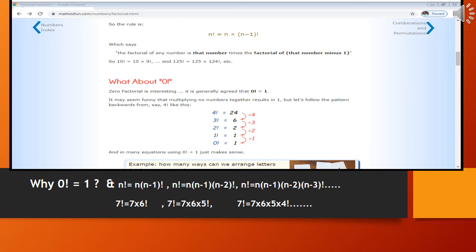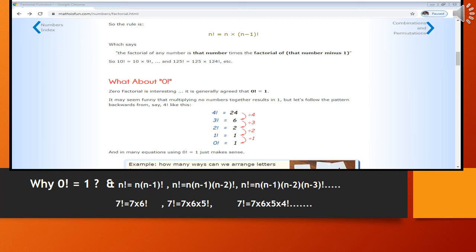Here let's discuss 0 factorial. 0 factorial is quite an interesting one. If you observe the value of 4 factorial, which is 4 into 3 into 2 into 1, that is equal to 24. 3 factorial is 6, 2 factorial is 2, 1 factorial is 1.